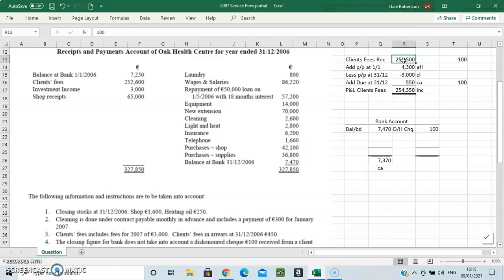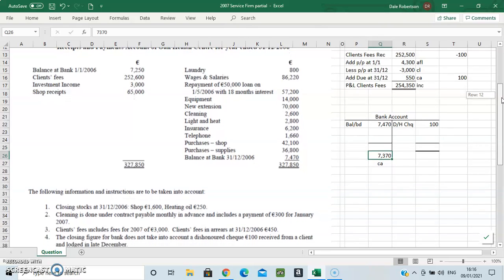Seeing as this number does not go into the accounts up here, the only real difference to the accounts is that this current asset goes up by 100 and this current asset, which is the bank account, goes down by 100. That's essentially it. All it is, instead of somebody having paid you 100, they still owe you 100. So that's the key difference, and that's how you do that work.